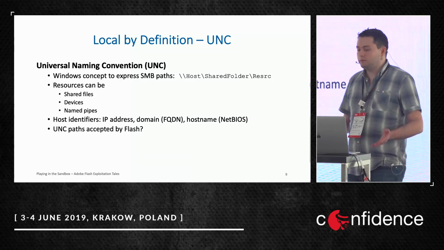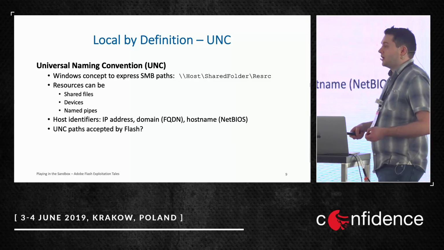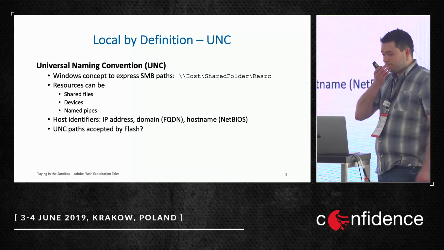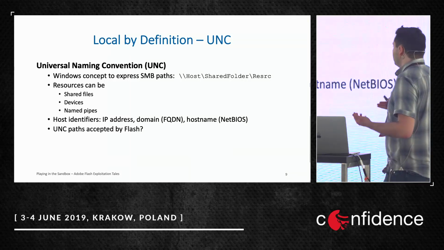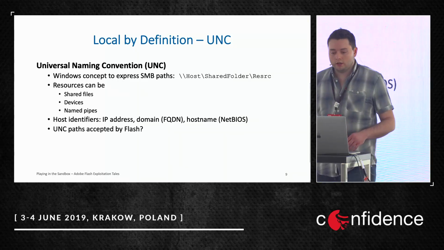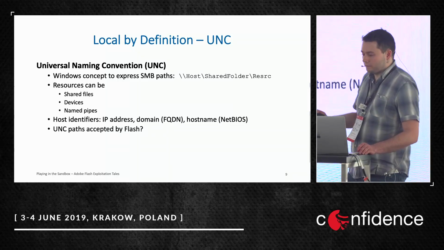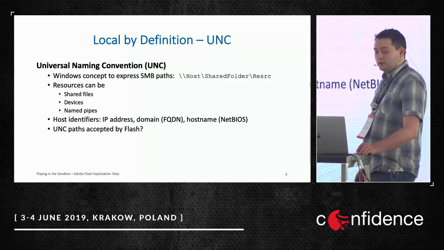And these resources can be anything from shared files to devices and named pipes. And you can use any of these host identifiers: an IP address, a domain name, and what is called a NetBIOS host name, which originates from Windows networks. It's a type of name resolution.